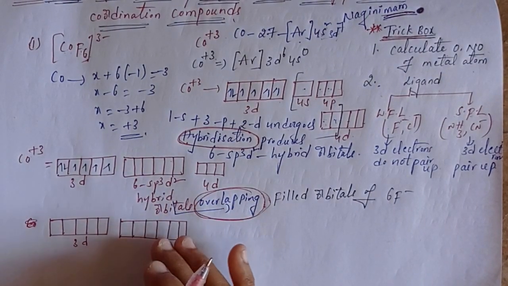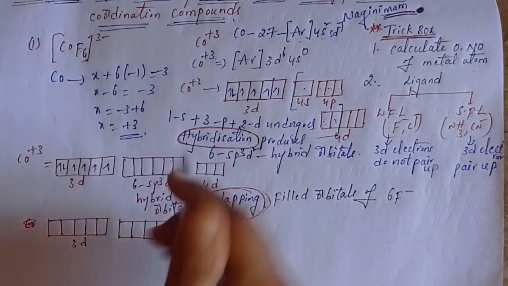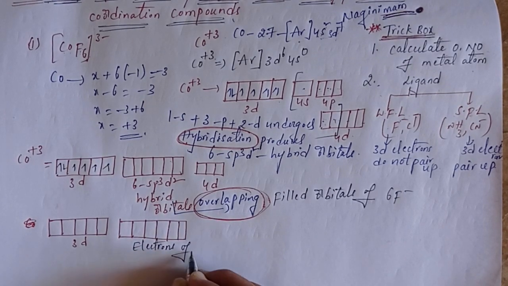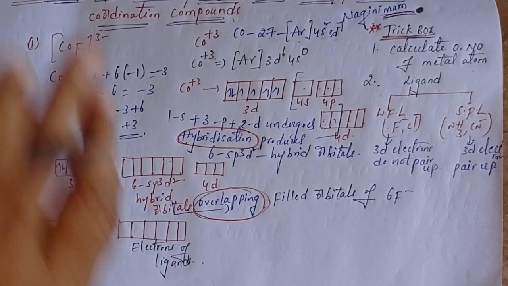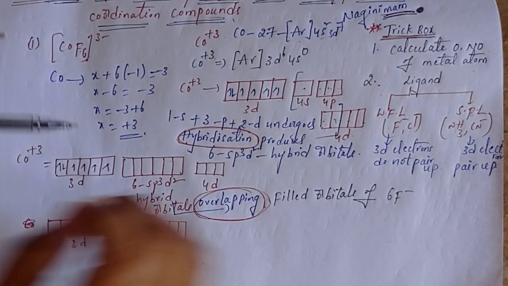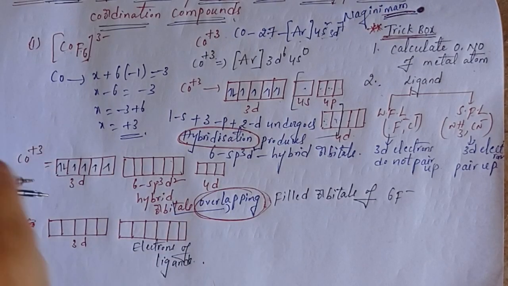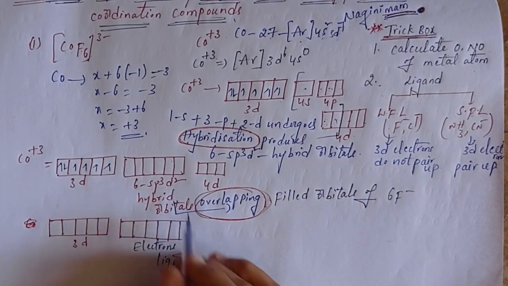So that's why we have to write here: electrons of ligands. Electrons of ligands. Now this 4d, no need to write, students. Directly you can leave it, no problem. Here the 6 hybrid orbitals are filled.